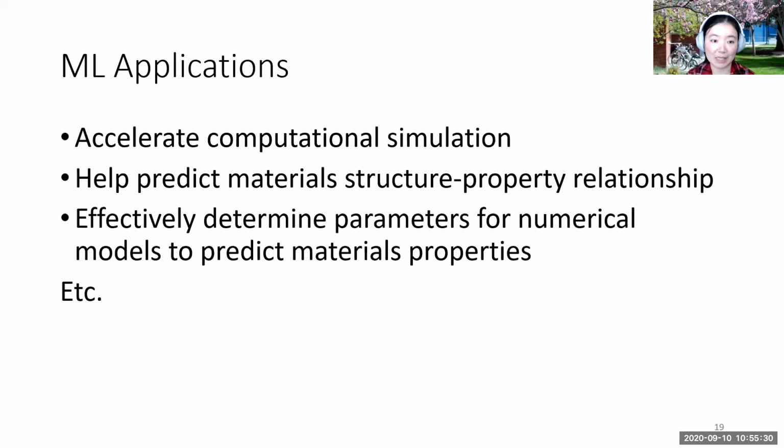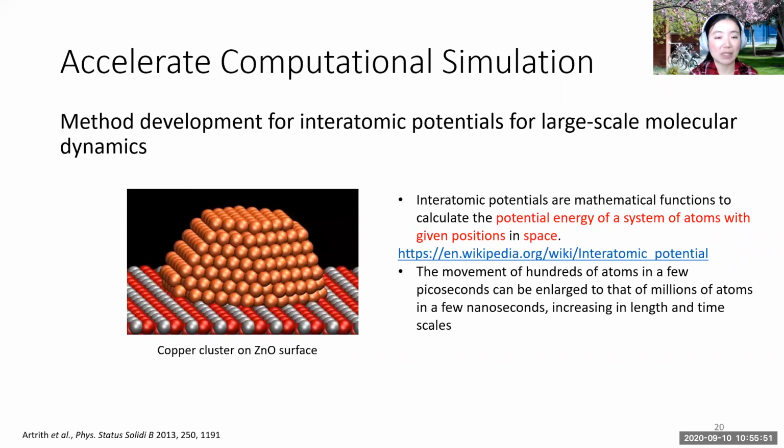The first one is accelerating computational simulation. Second, machine learning can help predict material structure-property relationships. The third is that machine learning can effectively determine the parameters for a numerical model to predict material properties.